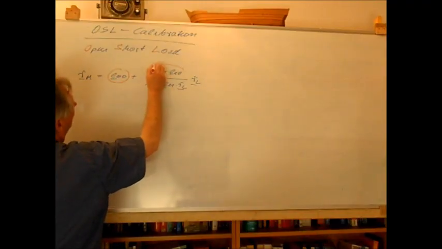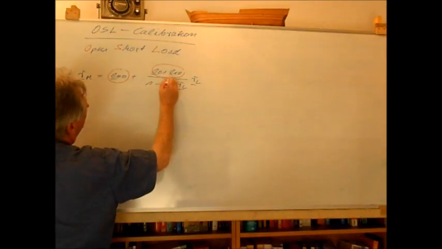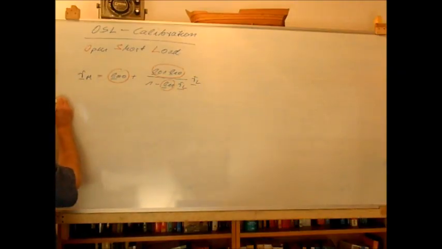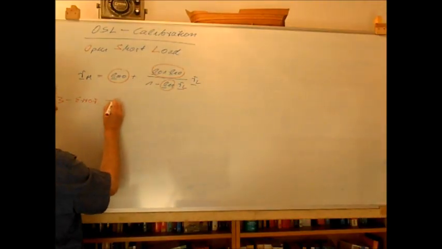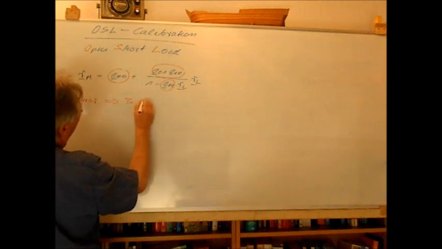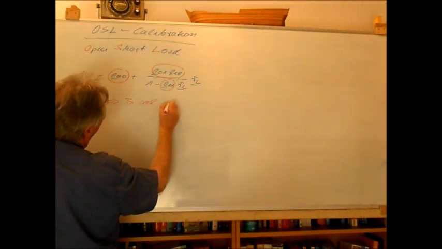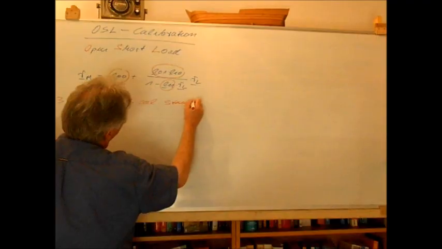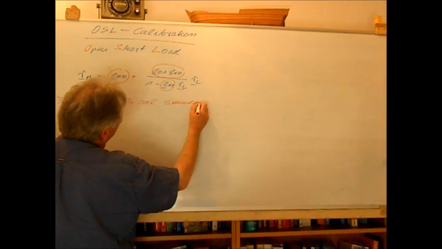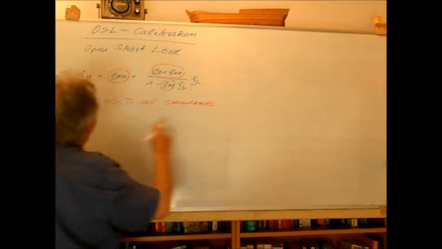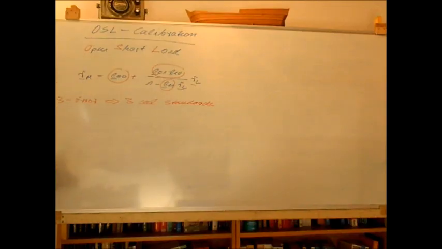Here only the product of the two appears, so we have 3 error parameters. This means we need 3 calibration standards, and one possibility to do this is the so-called open short load calibration.